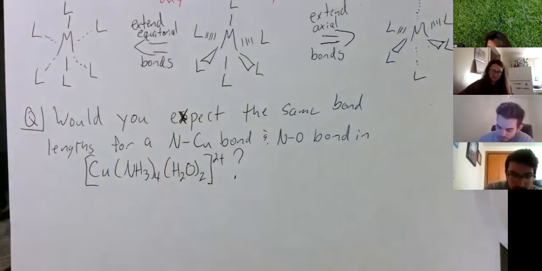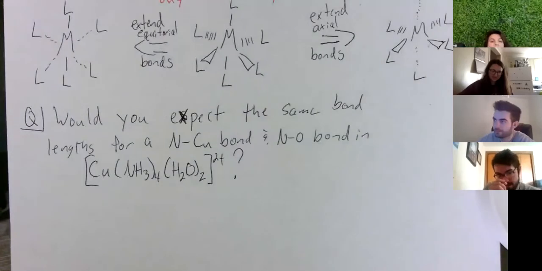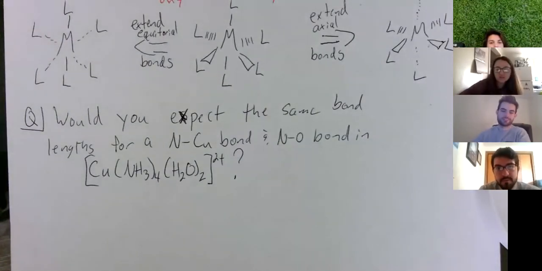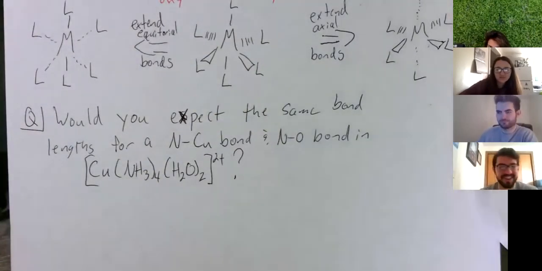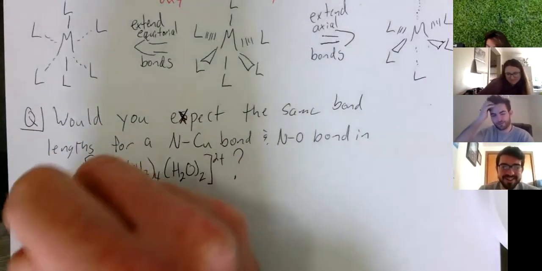Let's get the naming. What comes first? Copper is last, so how do we start? It's going to be aqua, so it's going to be bis. Remember, aqua or amine? Which one comes first? Amine. Oh right, that darn alphabet.